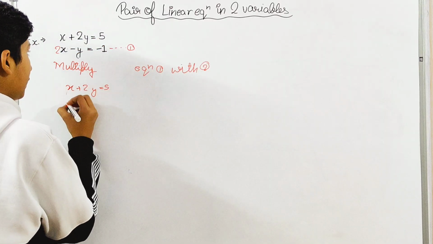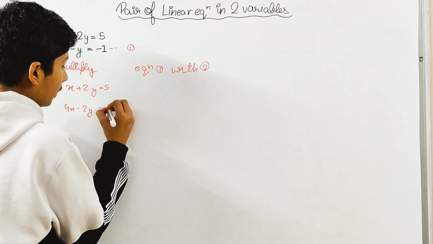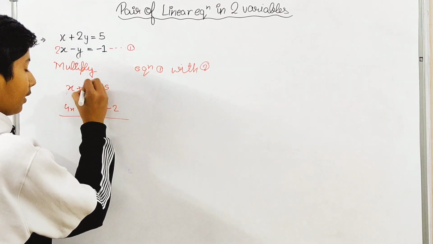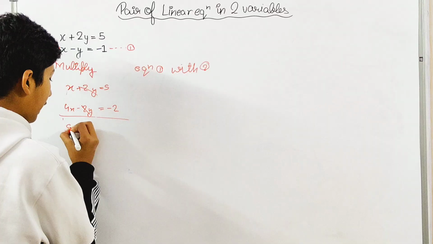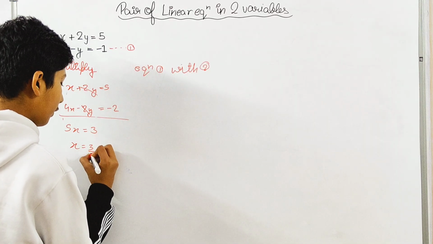This is the upper equation, and 4x minus 2y equals to minus 2. Now we'll add this to cancel both of these. 5x equals to 3. x equals to 3 upon 5.